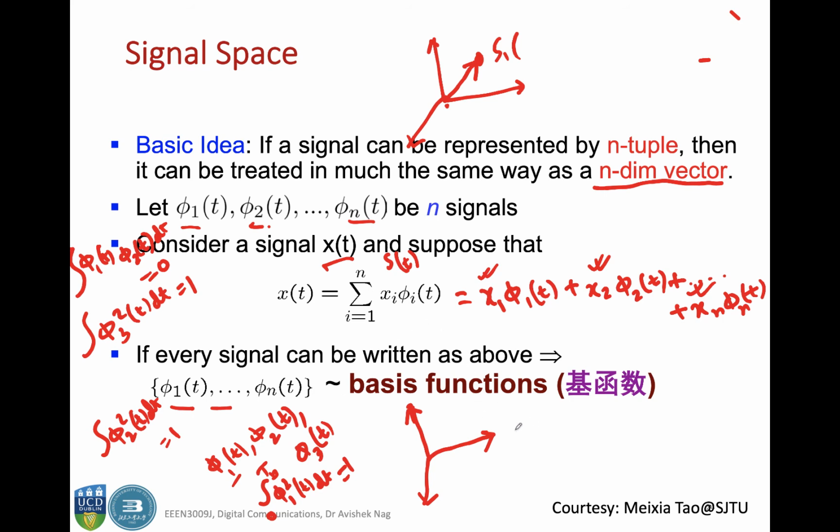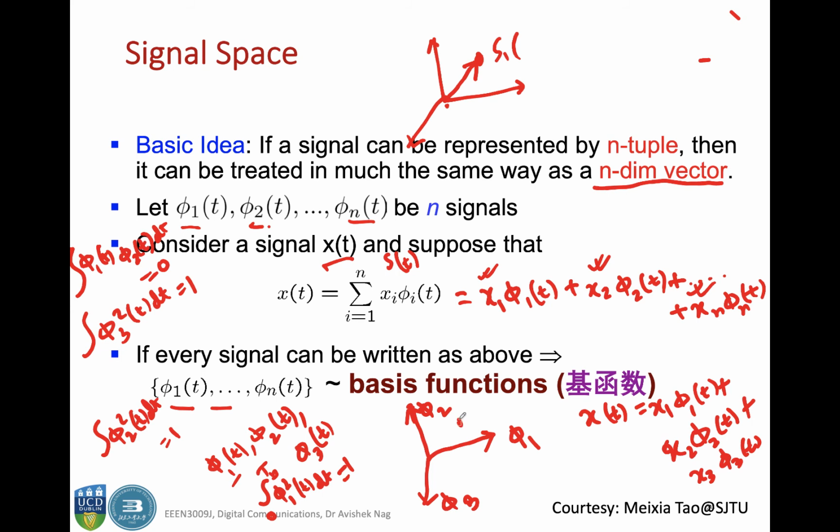Then you can imagine that phi1, phi2, and phi3 are behaving like a three-dimensional vector space whose three unit vectors are defined by phi1, phi2, and phi3. And if you can write your signal x(t) as x1 times phi1(t) plus x2 times phi2(t) plus x3 times phi3(t), then in this vector space, which is defined by phi1, phi2 and phi3, you can write your x as a vector which has three components, x1, x2 and x3.